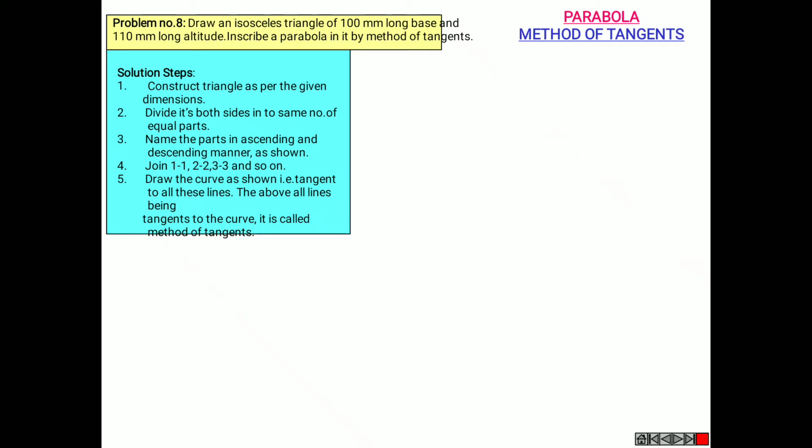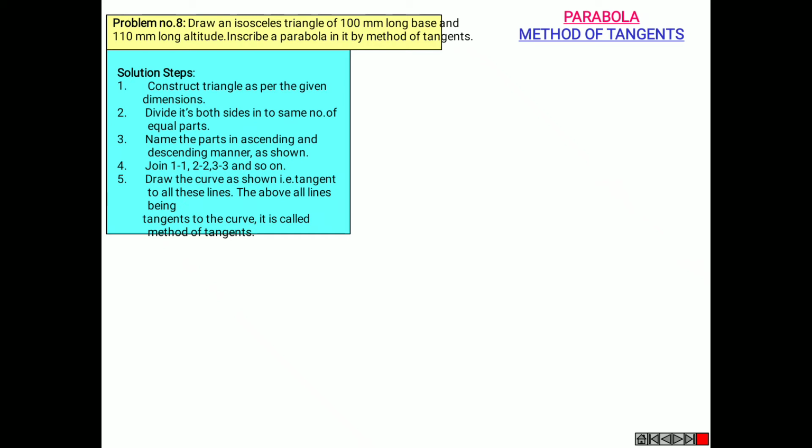Then in the second step, divide both sides into the same number of equal parts. The inclined lines are to be divided into some equal number of parts on either side. And then in the third step, name the parts in ascending and descending manner as shown. Ascending and descending is from small to big and big to small.